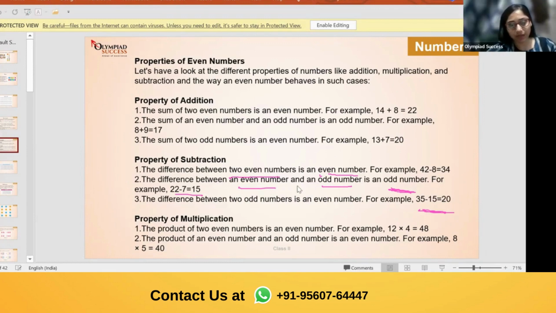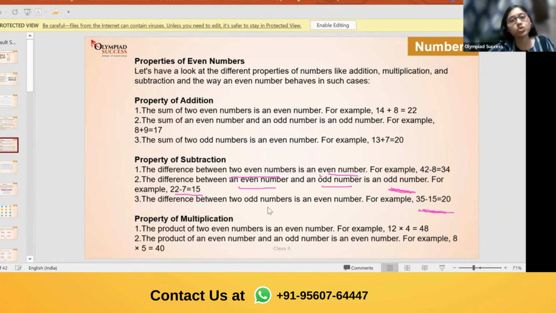Yes, ma'am. Okay, so property of subtraction. When we subtract two even numbers, we will get the answer as an even number. For example, 42 minus 8 is 34. The difference between one even number and one odd number, for example, 22 is even and 7 is odd, when we subtract both of them, we will get the answer as an odd number.